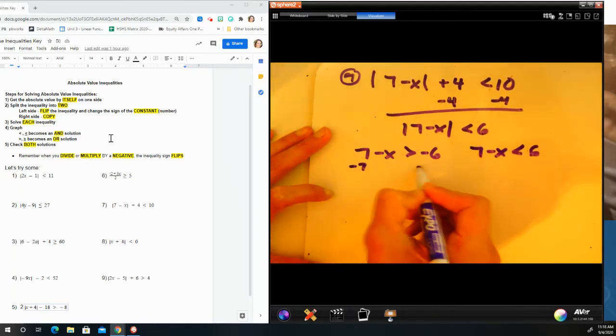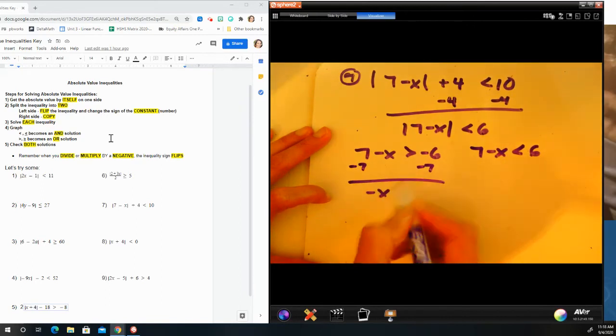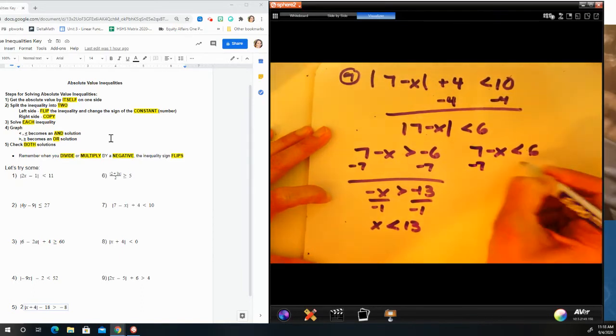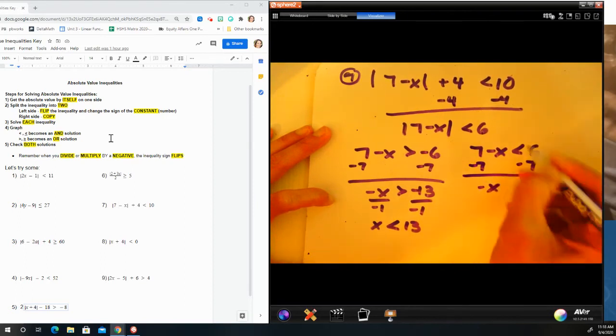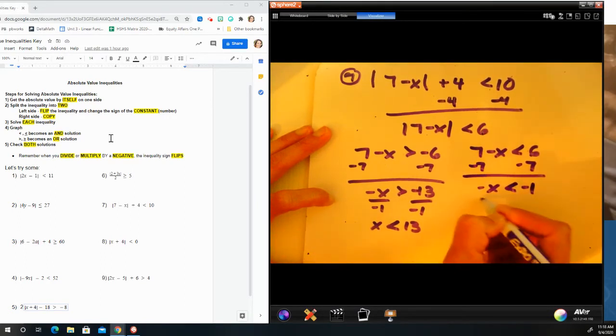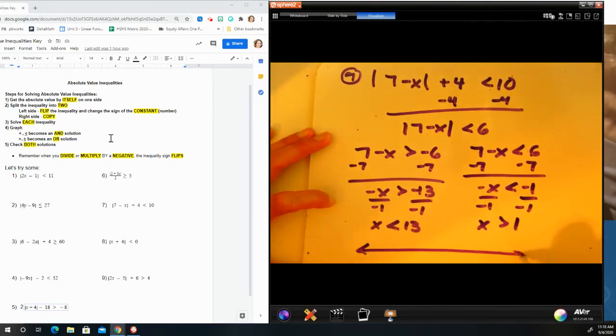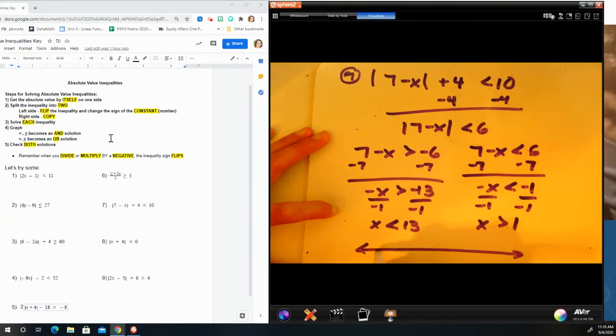So subtract 7, negative x greater than negative 13. Divide by a negative, flips my inequality. Same steps over here. I just started with a different number. Divide by a negative, flips this inequality. So that is going to actually flip where I see my solutions as well.